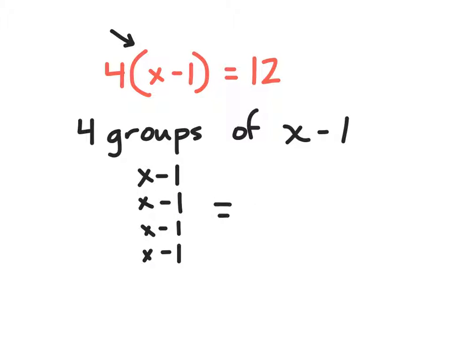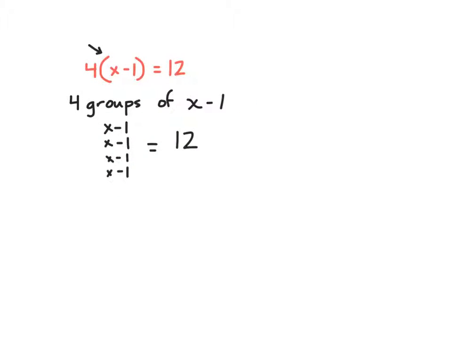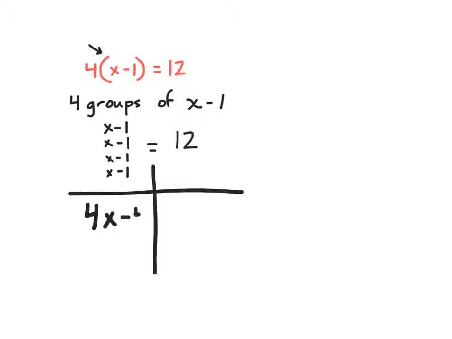On the right side, I still have 12 coins. So if I look at that, I can simplify this. I've got 4 x's on the left, and I've got 1, 2, 3, 4 negative coins on the right, set equal to 12.